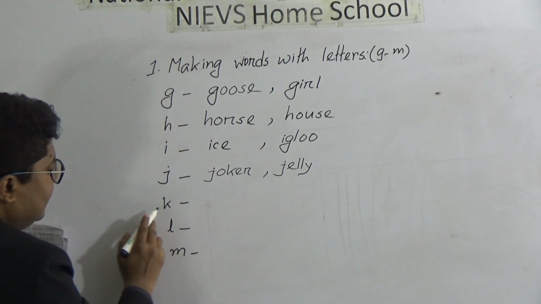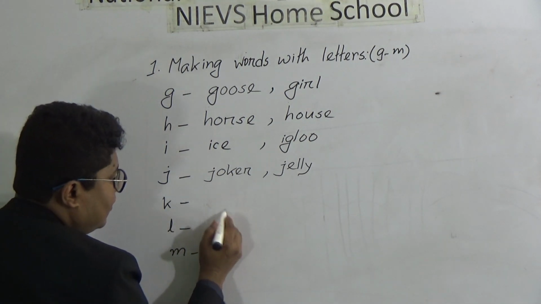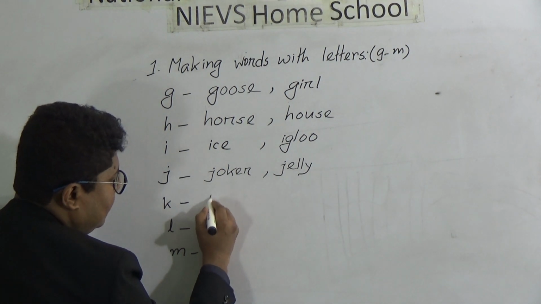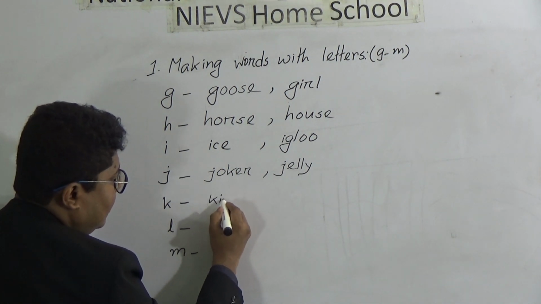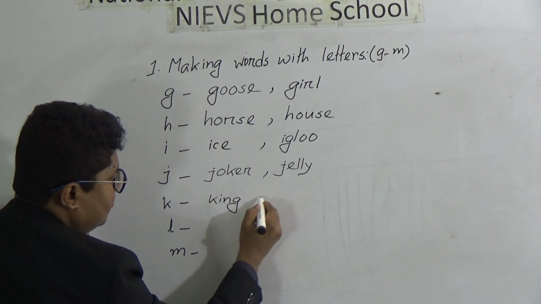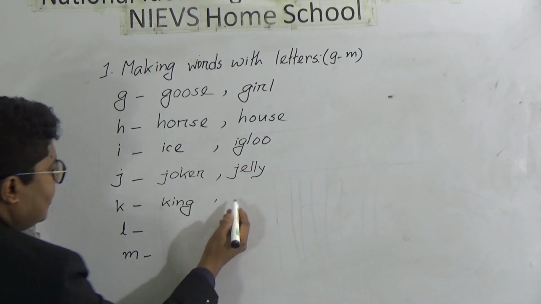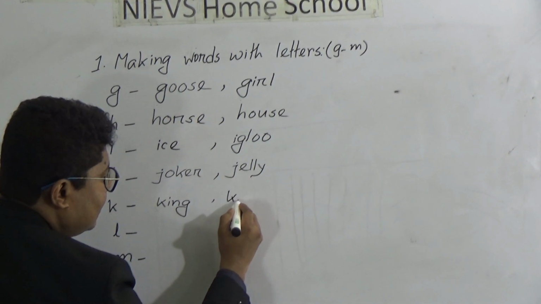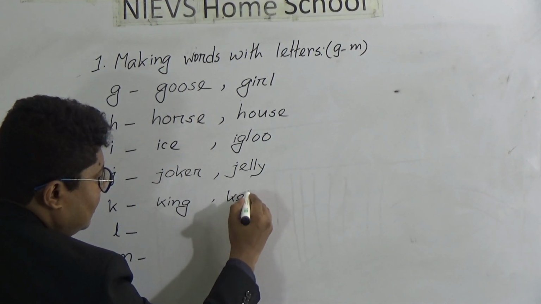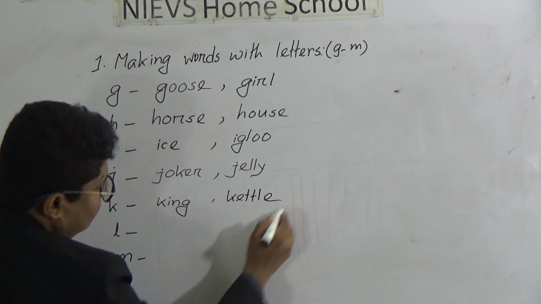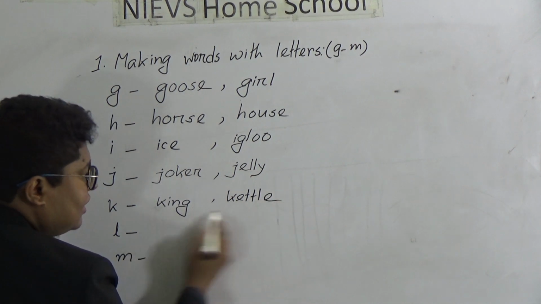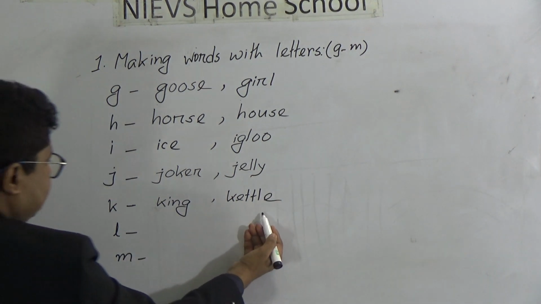Next one, K. K for king, spelling K-I-N-G, king. K for king, K-I-N-G, king. And K for cattle, K-E-T-T-L-E. So K for king, K for cattle.